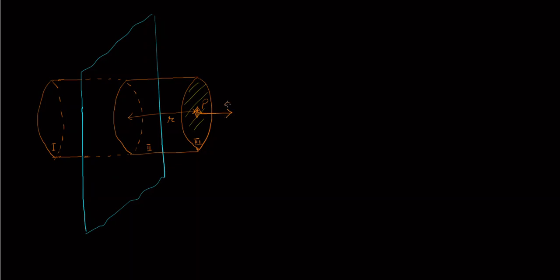So that is ds bar. Again, what is ds? ds is the area of only this small portion. Let me rub off the yellow part. Okay, so that is ds.